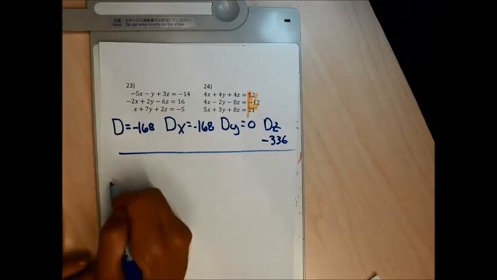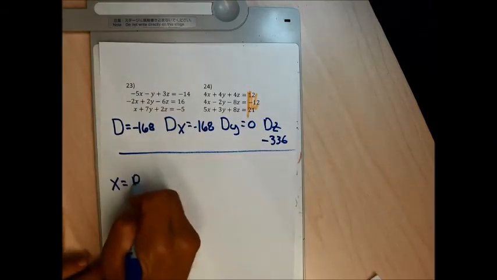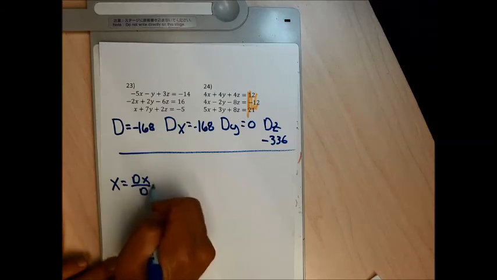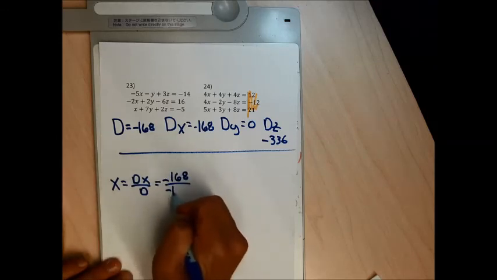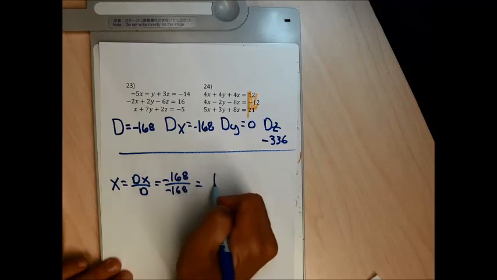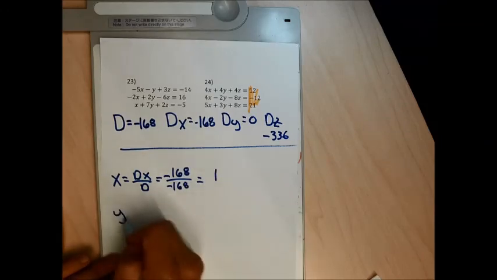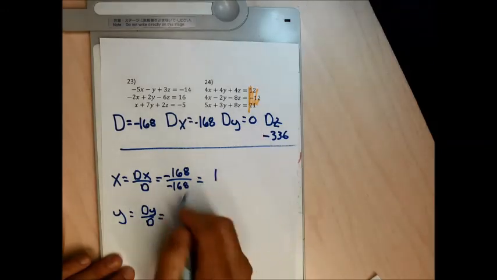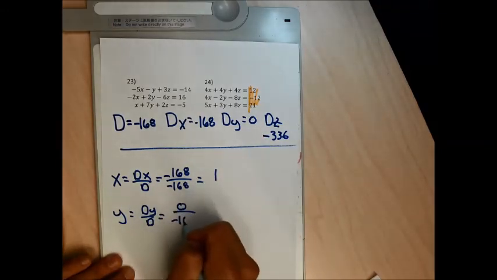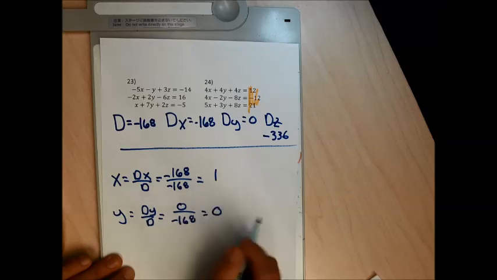Ready to do my answers now. X is going to be the D sub x number divided by the D. That's negative 168 over negative 168. That must be 1. Y is the D sub y number divided by the D. That's 0 divided by negative 168, which is 0.